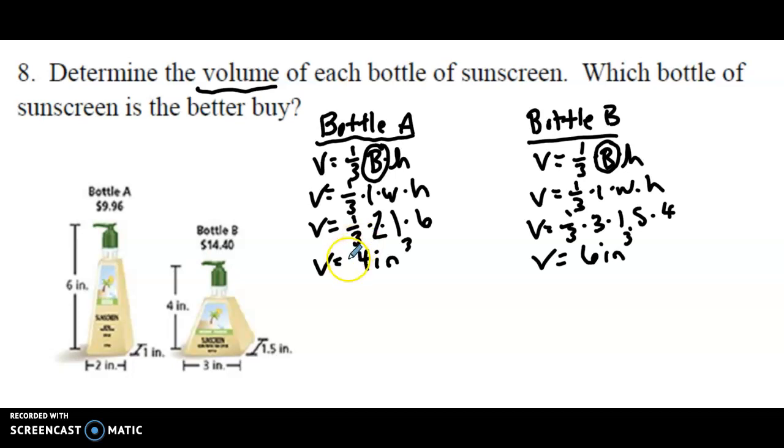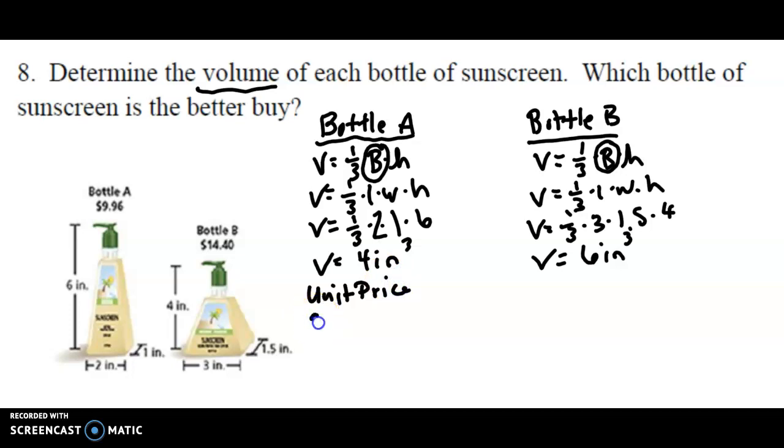Okay, for bottle A, we got 4 inches cubed is the volume for that one. And for bottle B, it was 6 inches cubed. The second question says, which bottle of sunscreen is the better buy? So to find the better buy, this is from chapter 5, we have to find the unit price. And to do that, you take the price over the volume.